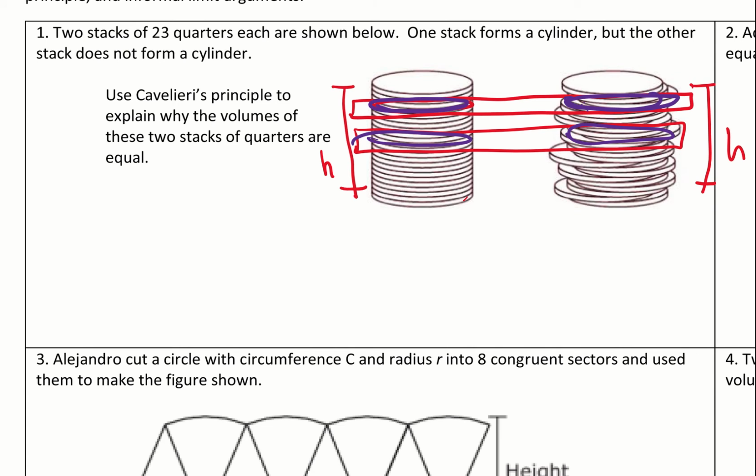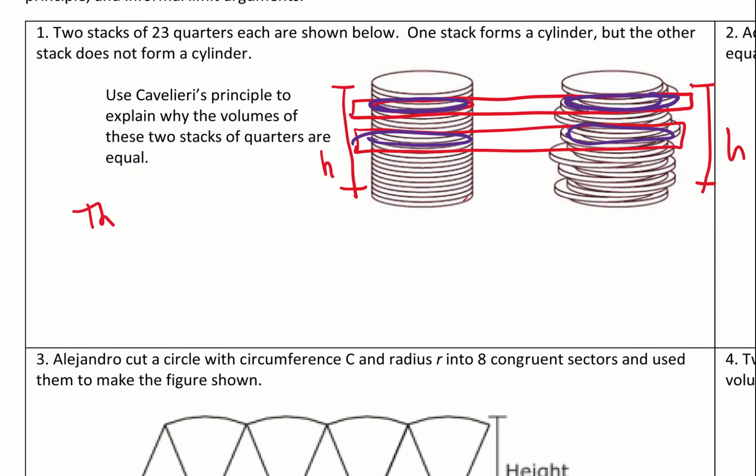So I always liken it to a stack of pancakes. If this were a stack of pancakes and the other one were a stack of pancakes kind of loosely positioned, it'll still take up the same amount of space in my stomach, all right? Because it has the same volume. All right, so use Cavalieri's principle to explain this.